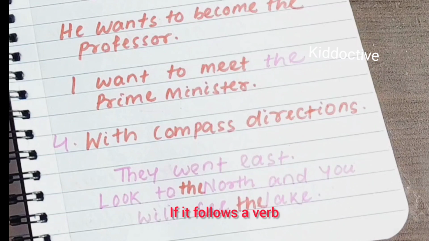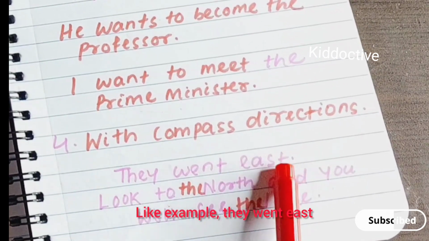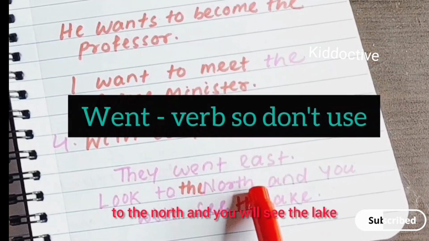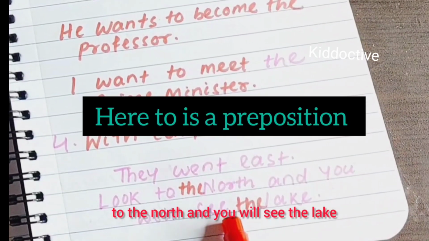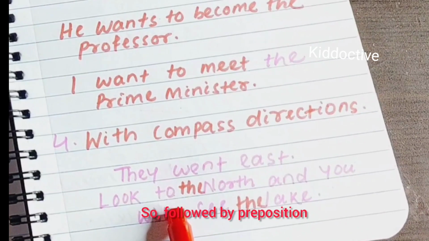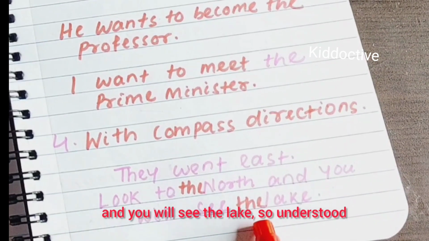If it follows a verb, then no article is used. Like for example, they went east. Look to the north and you will see the lake. Followed by a preposition, what? To.